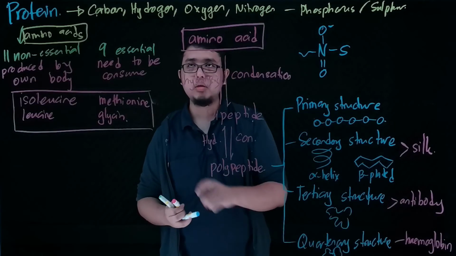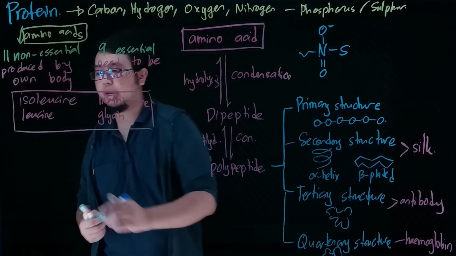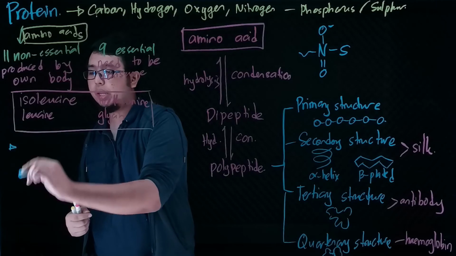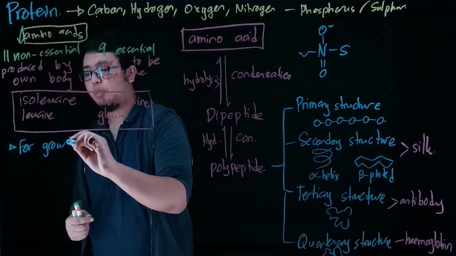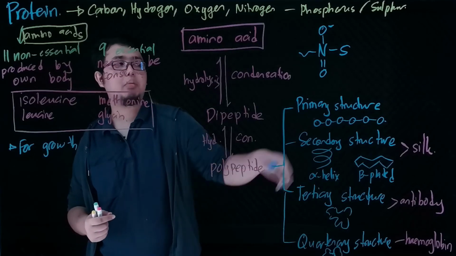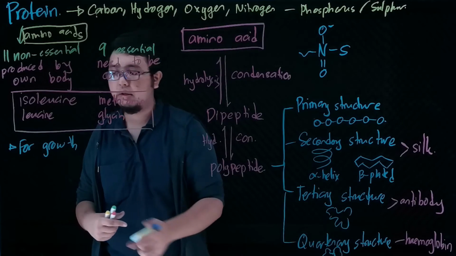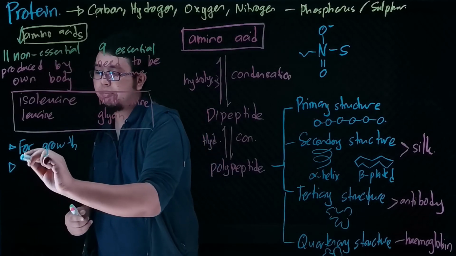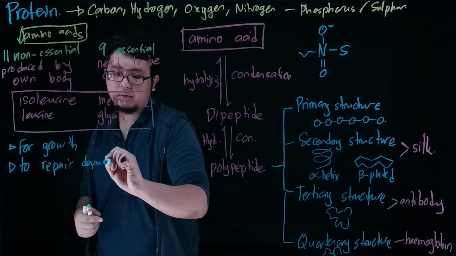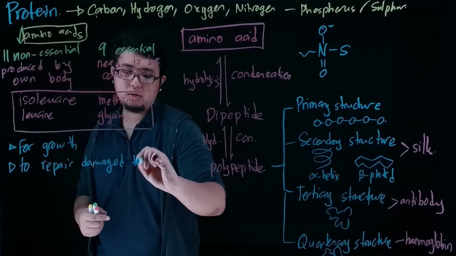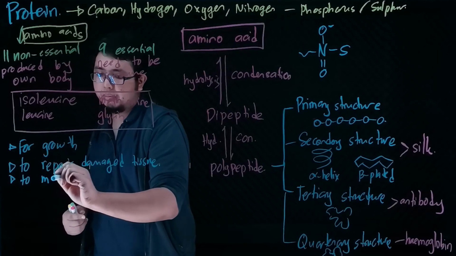Now, for protein, we need protein to carry out a lot of our daily processes. We need protein for growth. For plants, they require protein in the form of nitrogen, where they will convert it from nitrate. We need protein for growth to repair damaged tissue. We need the protein to make new enzymes.